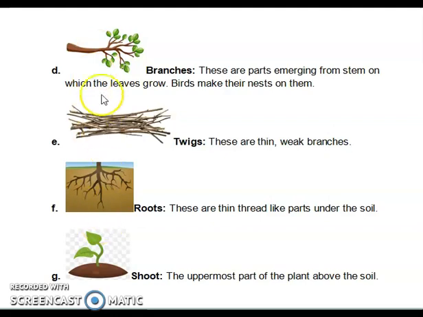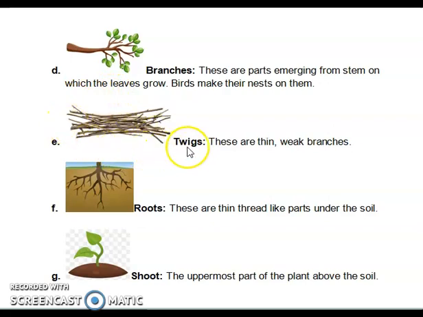Stem is the main part that makes the tree stand stronger. So from that, if you see, these kinds of branches come out, and further the leaves grow on them. Okay, and birds also make nests on the branches. Okay, I hope you understood.